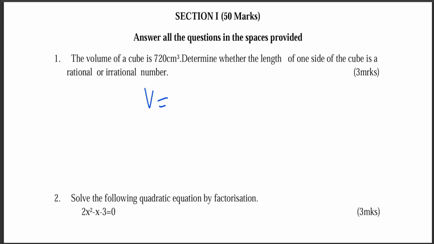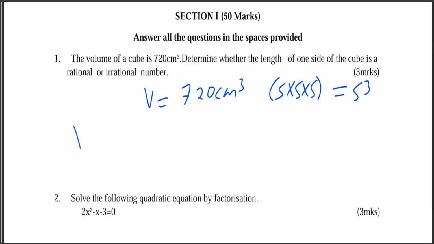The volume of a cube is 720 cubic centimeter. Determine whether the length of one side of the cube is a rational or irrational number. A cube's volume is given by side times side times side, which is s cubed.